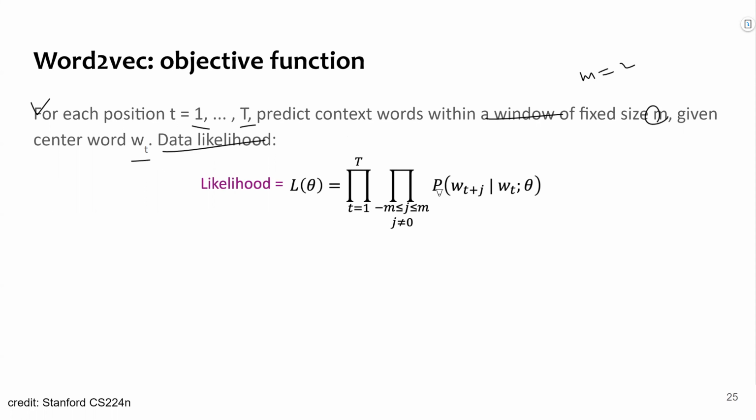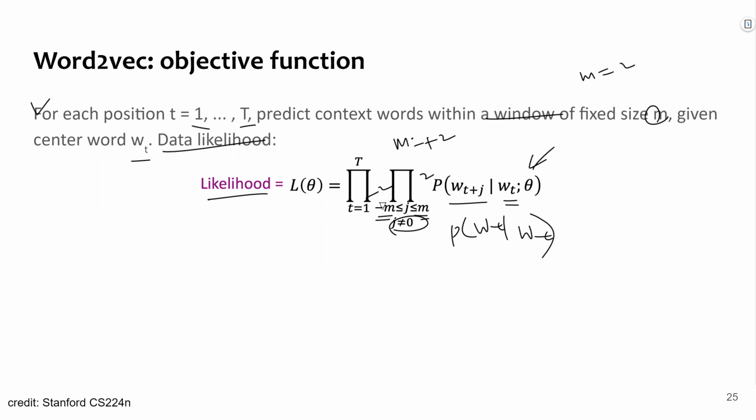These are the parameters theta of our word vectors, our model. We want to maximize the likelihood of the context word given the center word, and j changes from -m to m. This is the window size. In the previous example, m was 2, so j goes from -2 to 2. We don't consider j equals 0 because predicting the center word given the center word does not make any sense.